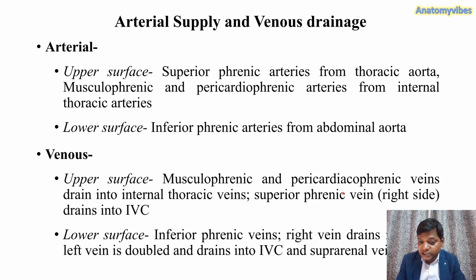So musculophrenic and pericardiophrenic will go to the internal thoracic vein, superior phrenic will go to the IVC. Lower surface, inferior phrenic, will go to the IVC, or it can go to the suprarenal vein. So this is about the arterial supply and the venous drainage of the diaphragm. Very simple. Anything related to the phrenic will supply the diaphragm.